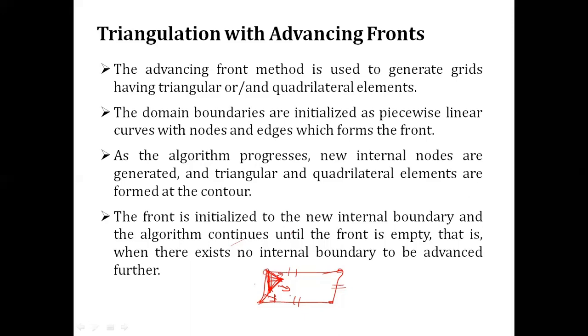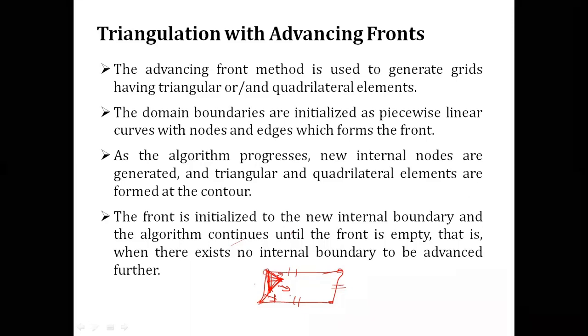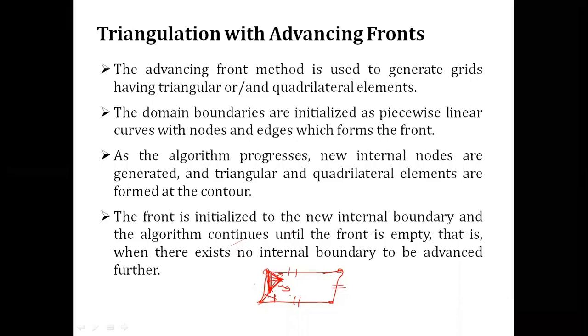So as I said, putting the node is what propagates it. So once you put a node, now you have to see whether the front that is advancing continues to advance in a specified manner or a specified path, or it can be going in any random direction also.